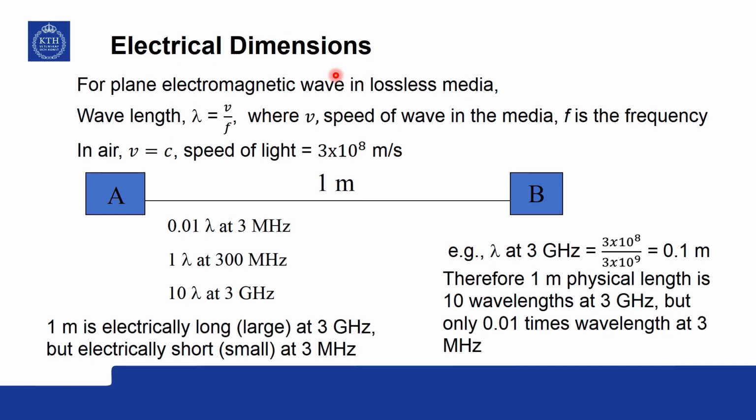For example, for a plane electromagnetic wave in a lossless media, we have the wavelength given by the speed divided by the frequency: the speed of the wave in the media, and frequency in hertz.